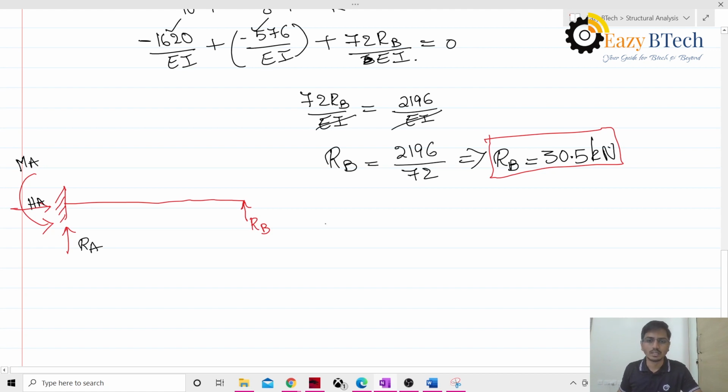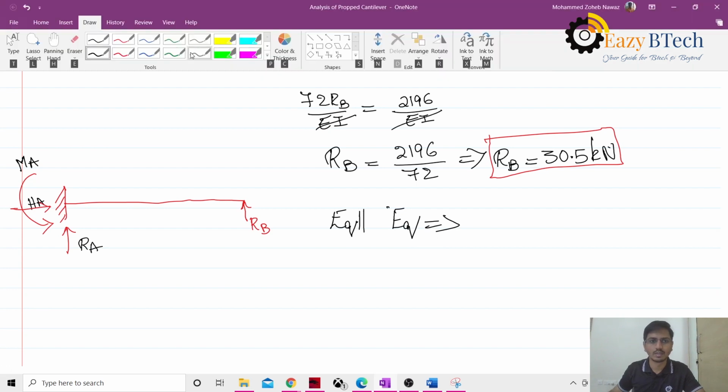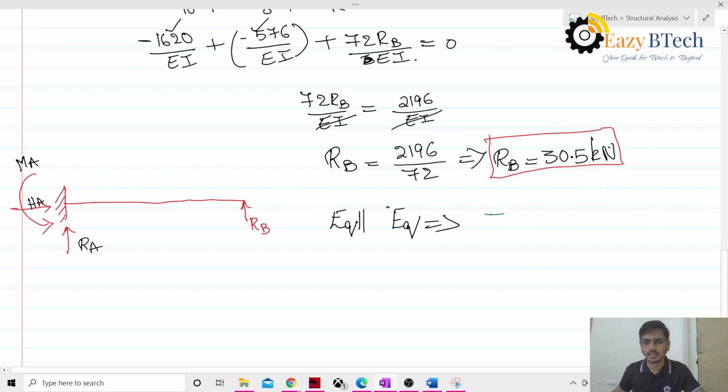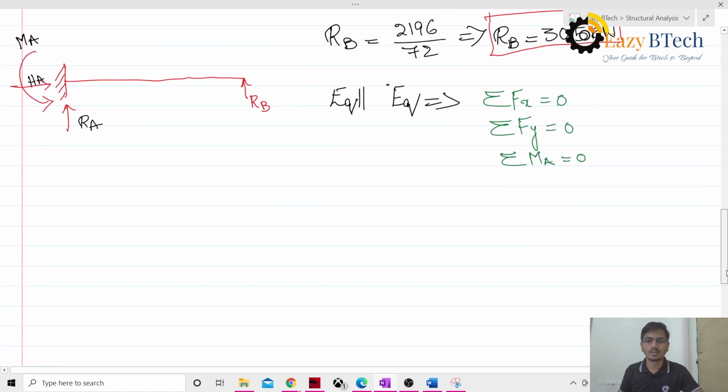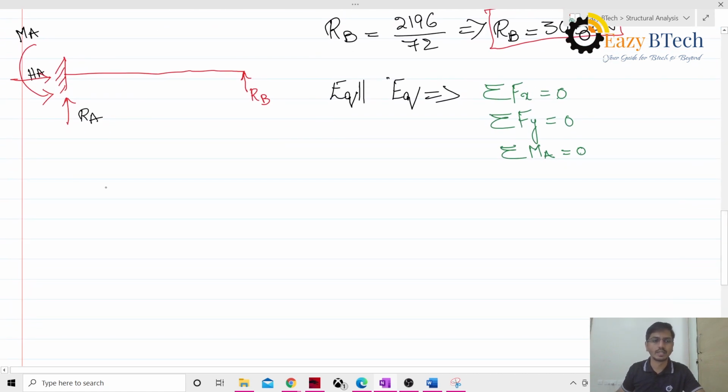Now, since we have the equilibrium equations, what are those equilibrium equations? That is sigma Fx equal to 0, sigma Fy equal to 0, sigma MA equal to 0. Using these equations, we need to find out the remaining 3 reactions.